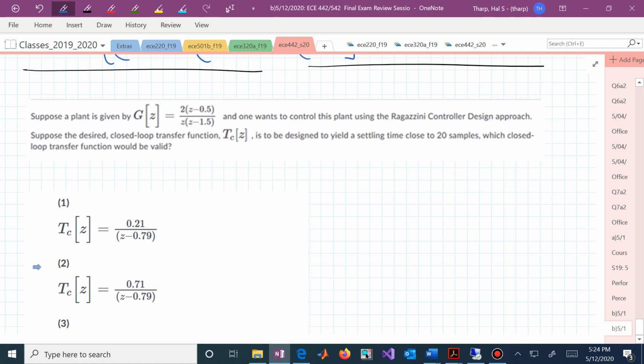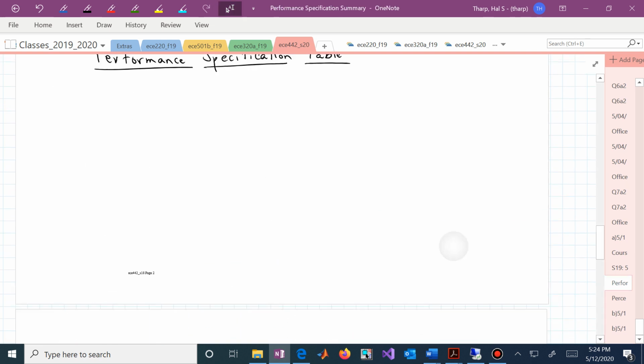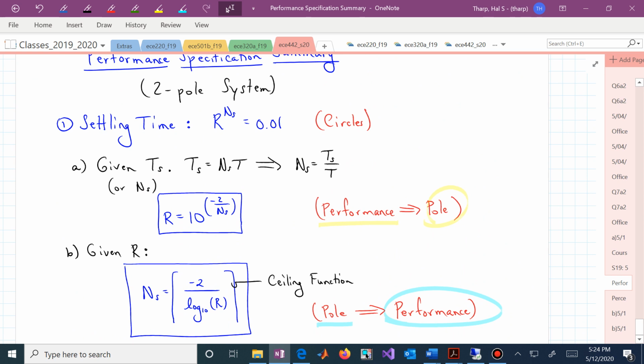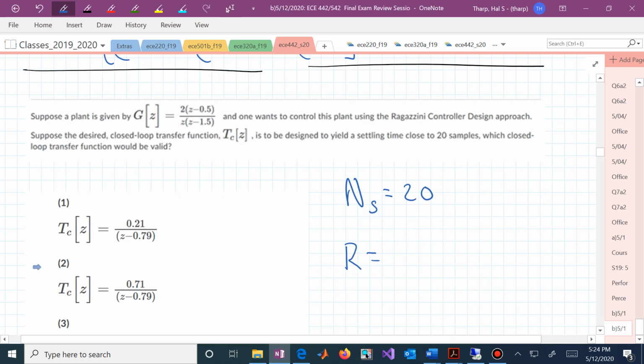Very first, we need our denominator poles to have an r value such that we have a settling time close to 20 samples. That says that n sub s is equal to 20. If we go back to our summary page, we can use this expression, 1a, r is equal to 10 raised to the minus 2 over n sub s, so that now r is equal to 10 raised to the minus 2 over 20, and that ends up being approximately 0.79.